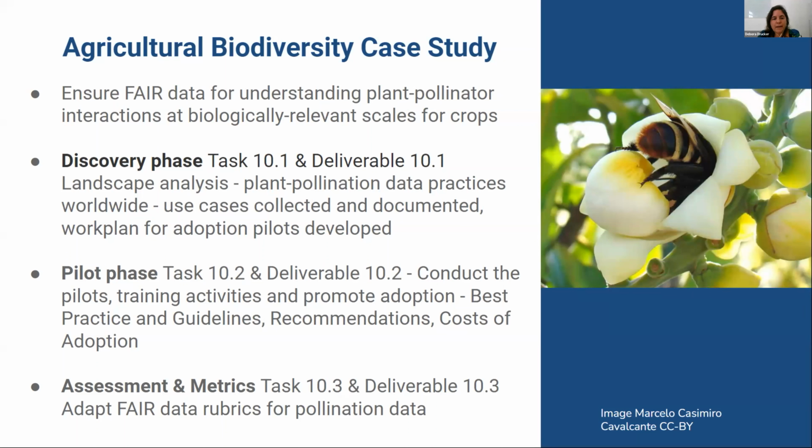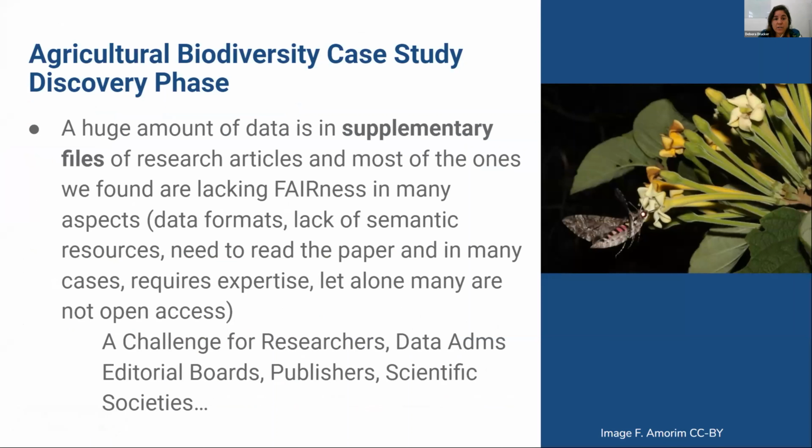And in summary, we discovered that a huge amount of data on plant pollination is in supplementary files of research articles. And most of the ones that we found are lacking fairness in many aspects: data formats, lack of semantic resources, the need to read the paper to really understand the data, which requires expertise. And sometimes the data is not available because the journal is not open access.